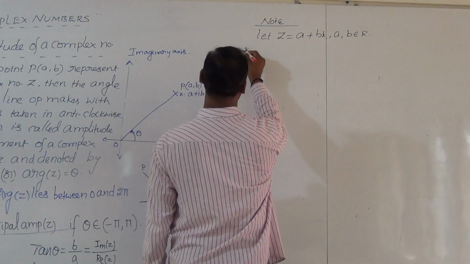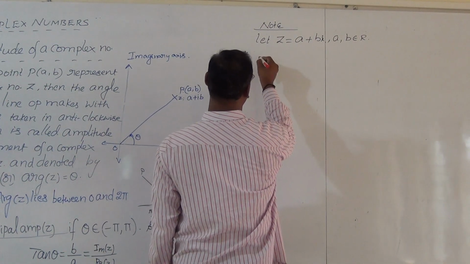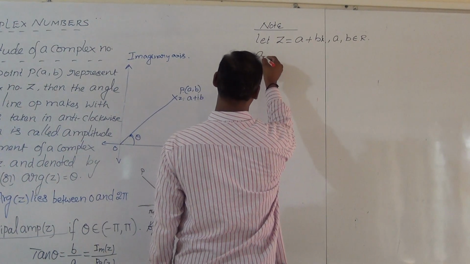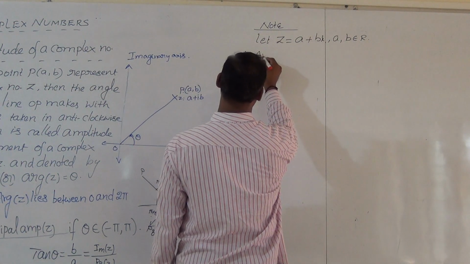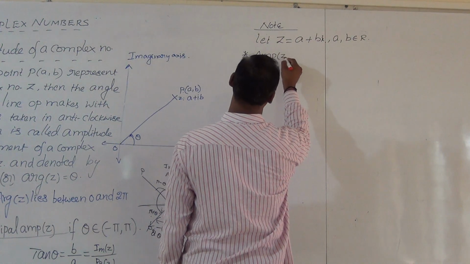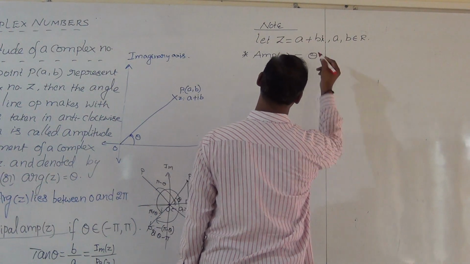The first point to remember: amplitude of z is equal to theta.